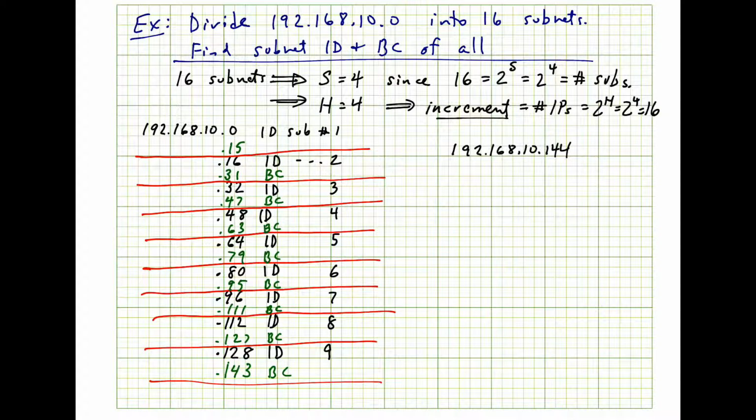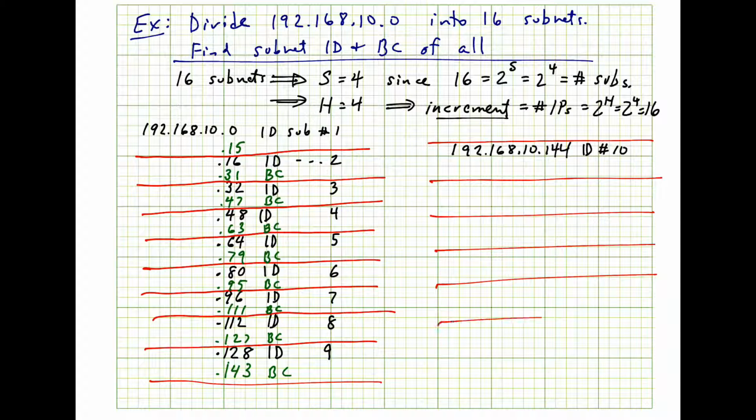192.168.10.144 is the ID. Okay. And this is going to be subnet, this is the ID of subnet number 10. And I'll leave myself room for number 11, 12, 13, 14, 15, and 16.